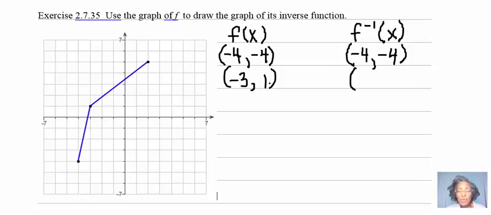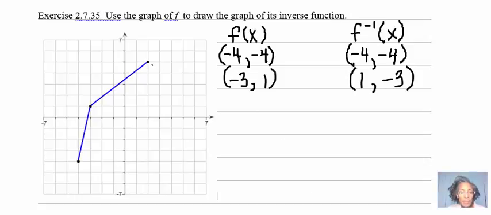So the y of this point on f is 1, so that's the x of the point that corresponds to it on the inverse. The x of this point is negative 3 on the function f, so that's the y-coordinate of the corresponding point on f inverse.